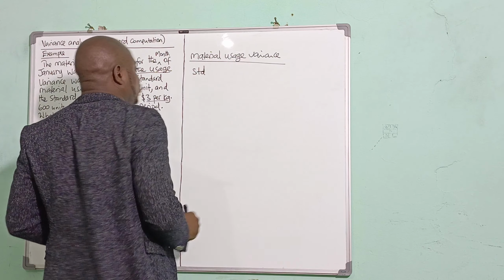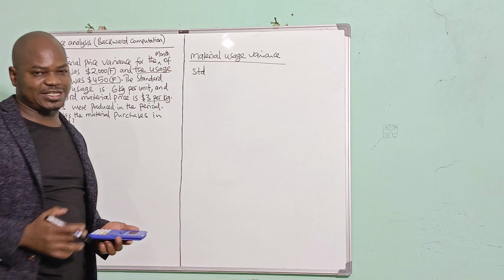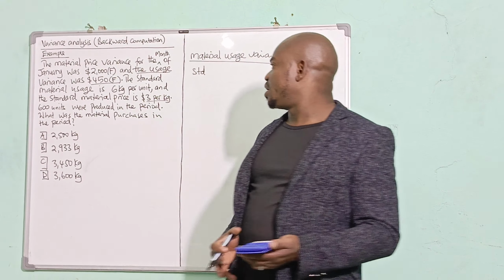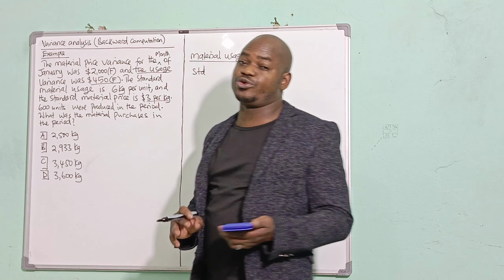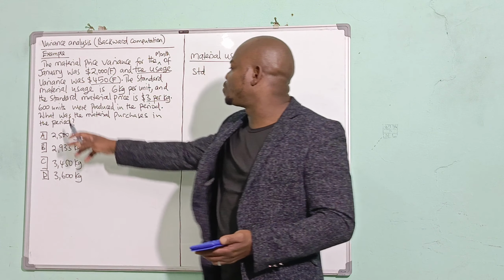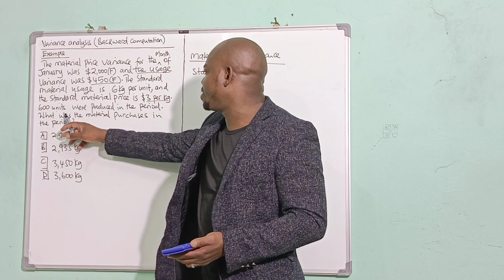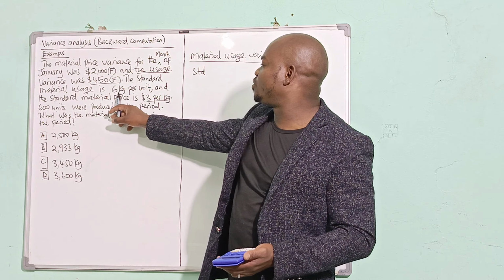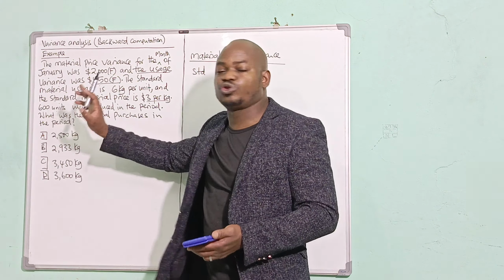First, we have the standard kgs. The standard kgs are the kgs that we could have used to produce 600 units. I did not say what we used. What could have been used to produce 600 units if we start at the standard where it requires 6 kg to produce 1 unit.